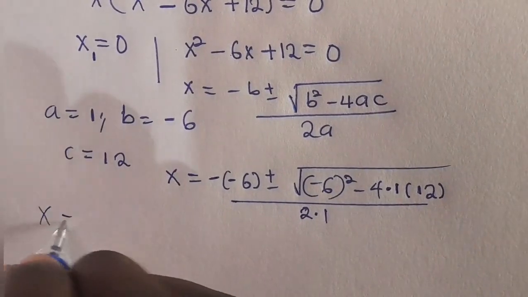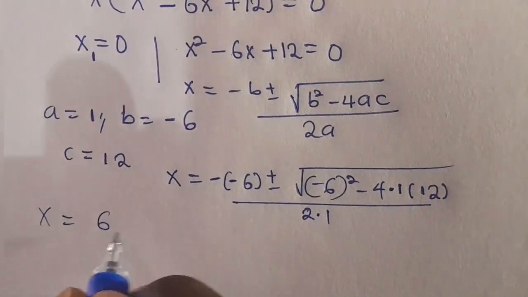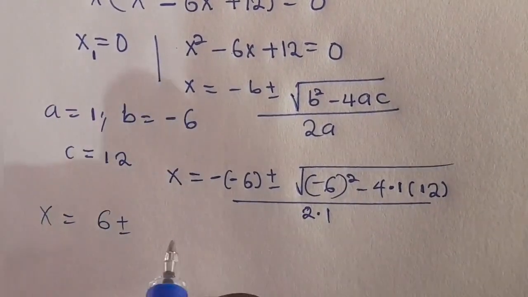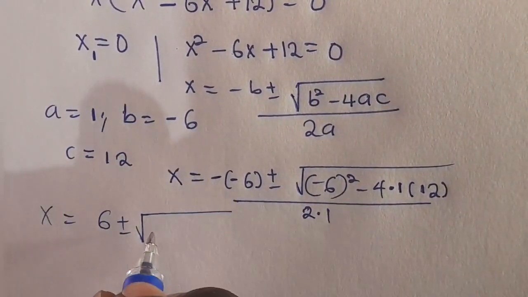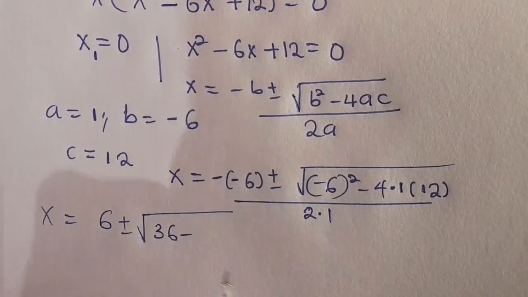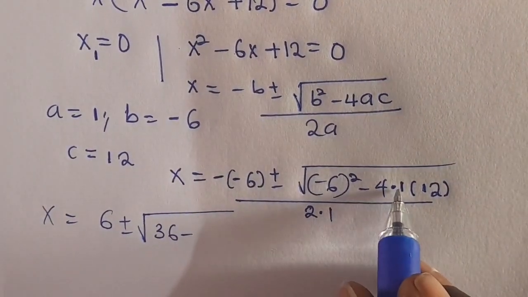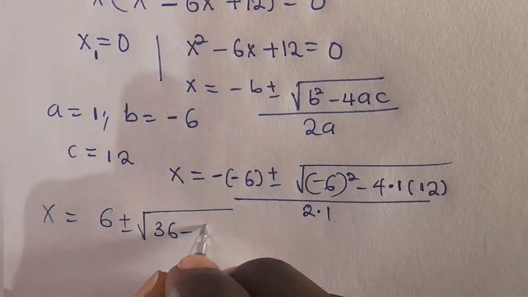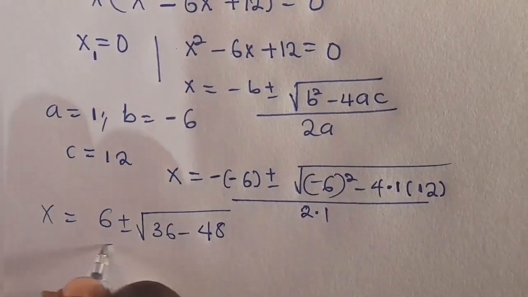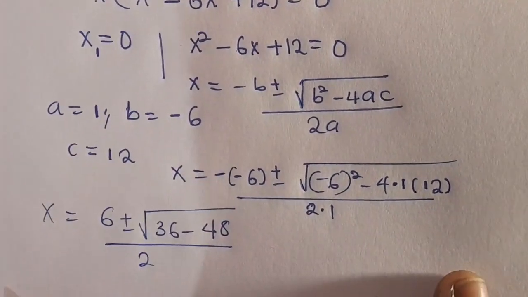So we have x equals 6 positive or negative square root of 6 squared, which is 36, minus 4 times 1 is 4, 4 times 12 will give us 48, then all divided by 2.